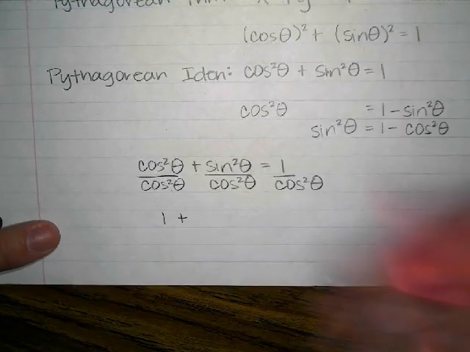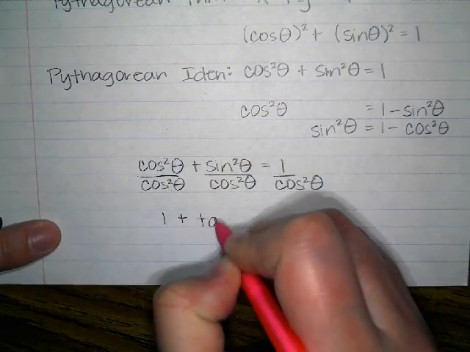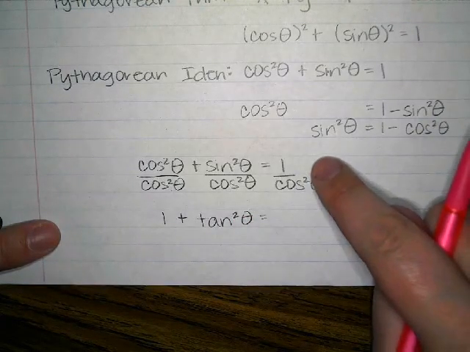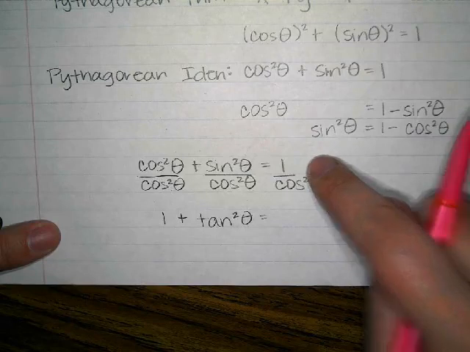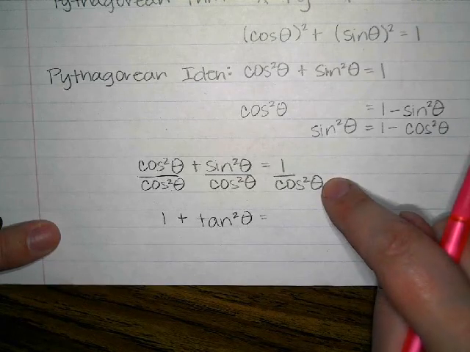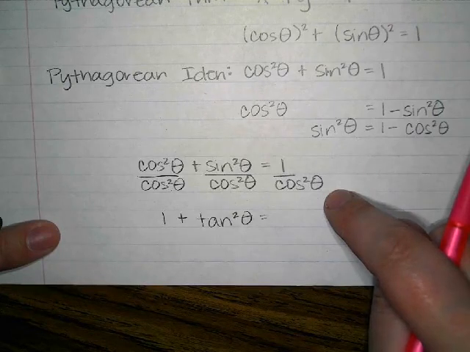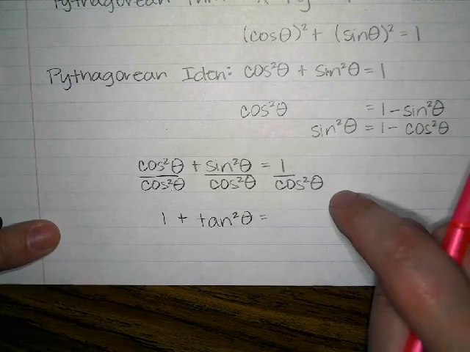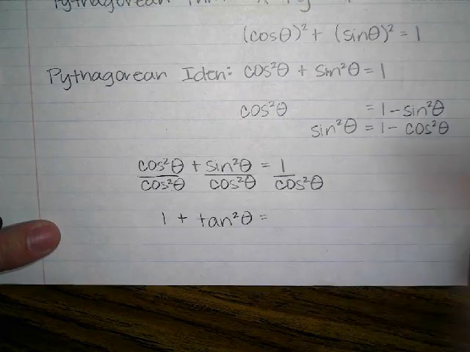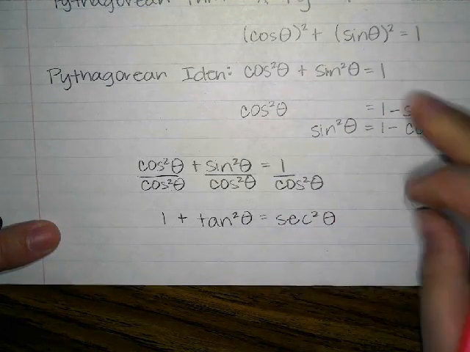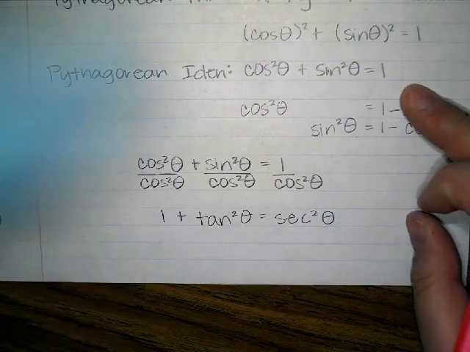Okay? And then over here, we have 1 over cos squared, which is like 1 over cos times 1 over cos. And so what is that? Secant squared. Okay, so look at the other Pythagorean identities, and what do you notice? We just found one of the other ones. See where it came from?